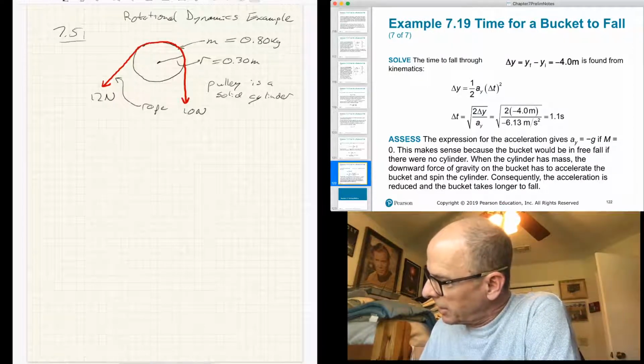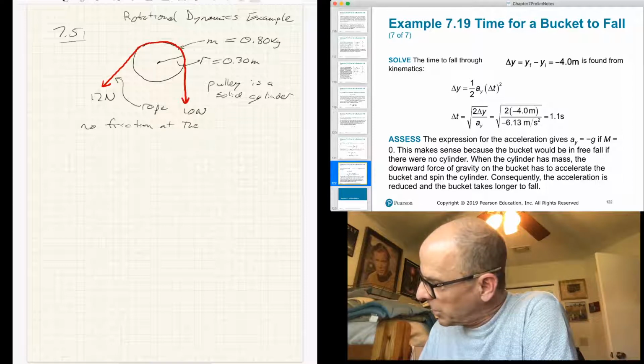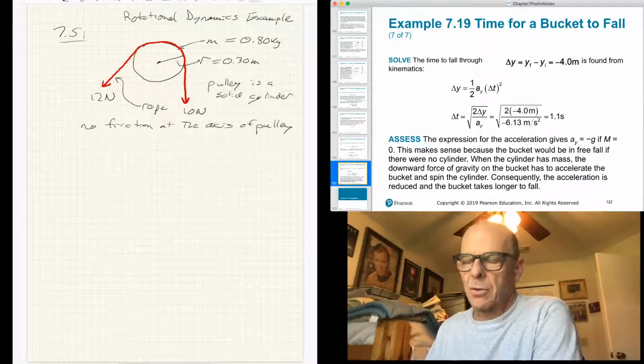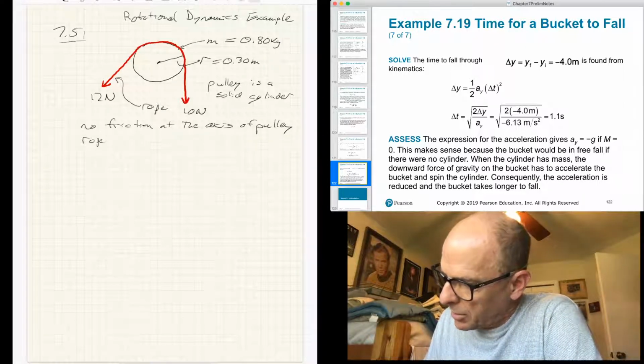There is no friction at the axis of the pulley. We were told it's a frictionless pulley. And we are told, actually we're not told explicitly, but the rope does not slip.